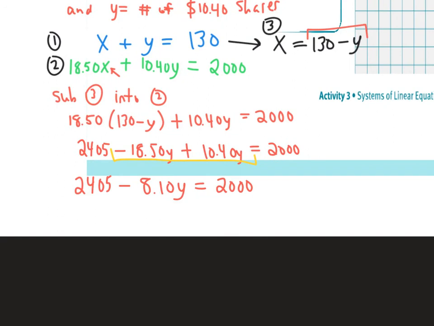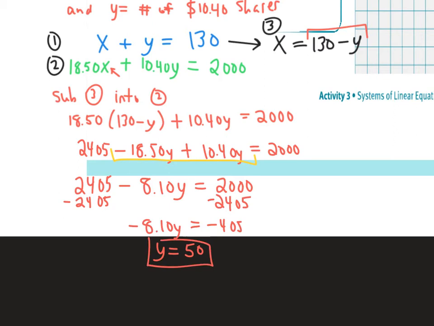Just go through some normal algebraic steps. I'll subtract the 2405 from both sides and be left with negative 8.10y equals negative 405. And when I take that negative 405, dividing it by negative 8.1, I'm getting y equals 50. Okay, so y equals 50.